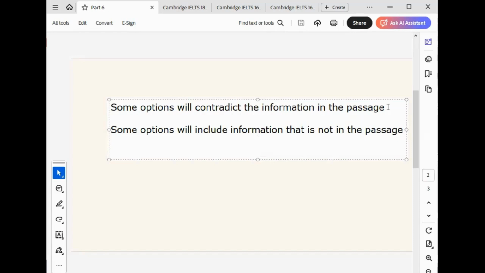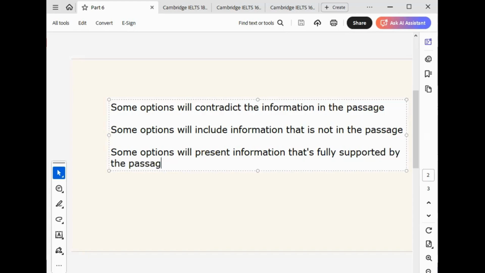And then some options will present information that is fully supported by the passage. Whenever you see this last one, that is your answer. That is how to pick your options.